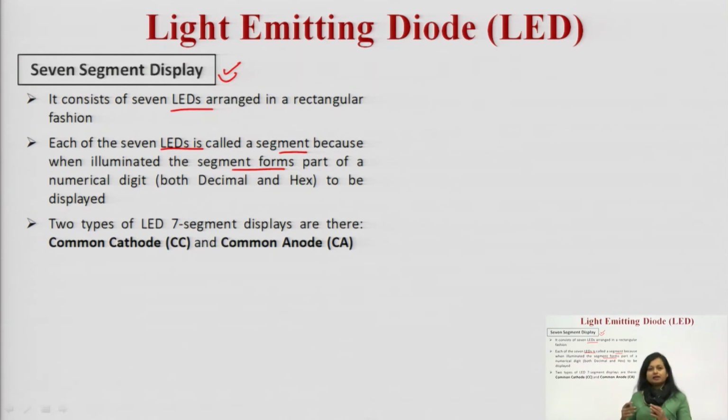As you know, you have to join or arrange 7 LEDs. So how do we arrange them in a systematic manner? You know that there are 2 terminals: one is the cathode, one is the anode. So either you make all the anode terminals common, that will be a common anode configuration, or you join together all the cathodes of the 7 LEDs, that is known as a common cathode configuration.